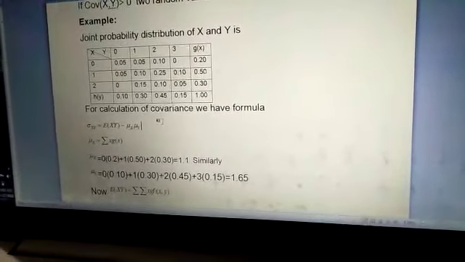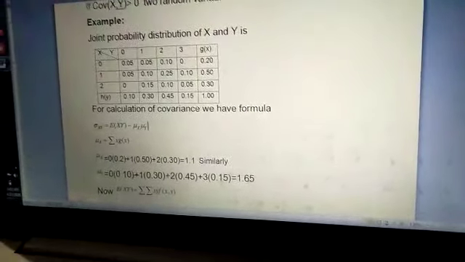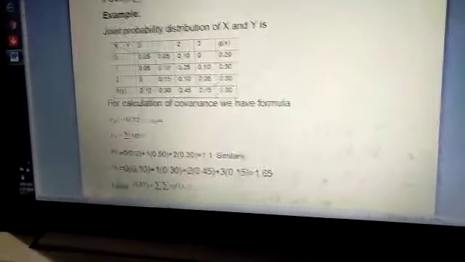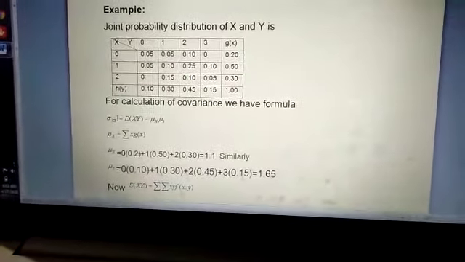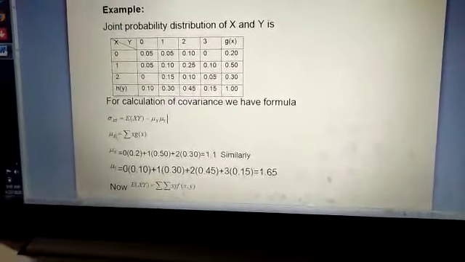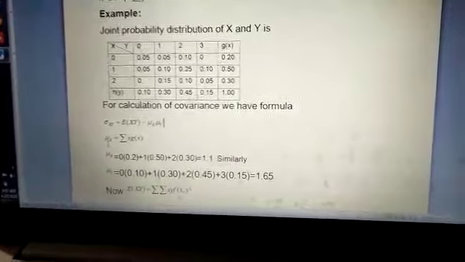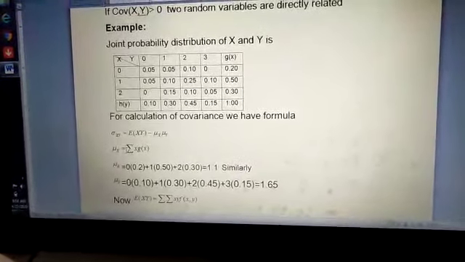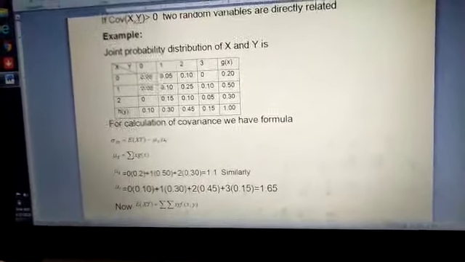Now for the calculation of covariance, we have this formula: sigma xy is equal to expectation of xy minus expectation of x into expectation of y. First we would calculate expectation of x and expectation of y. So mu x, or expectation of x, would be equal to summation x into g of x.